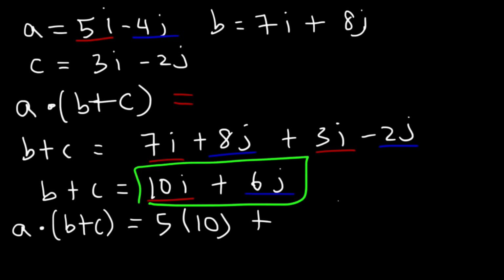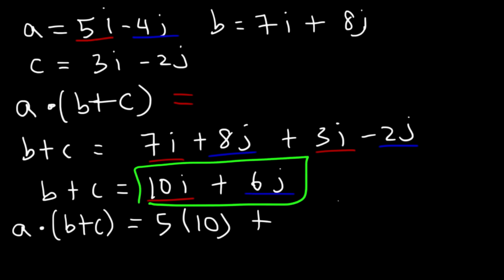Let's go ahead and work on another example. Let's try 3A dot B. Go ahead and work on this example. So what is the dot product between 3A and B? First, we need to find the value of 3A. So we have the value of A. It's 5i minus 4j.